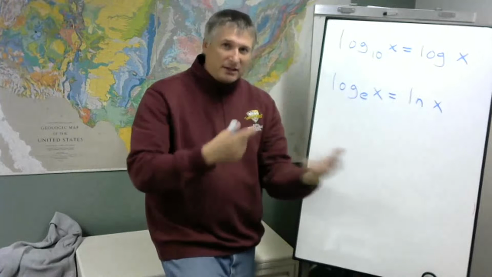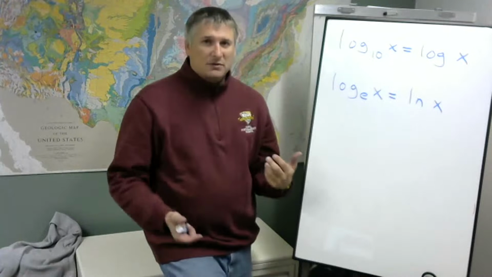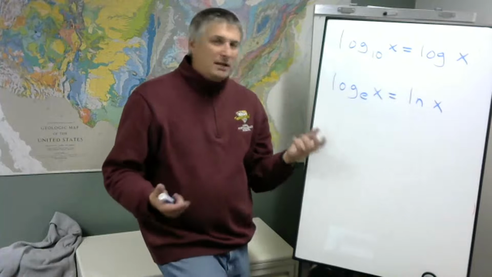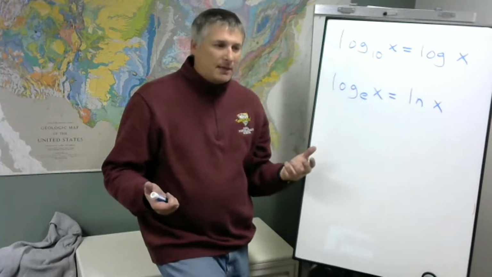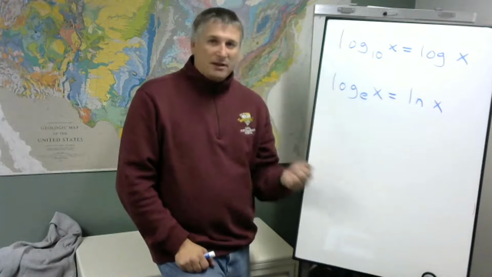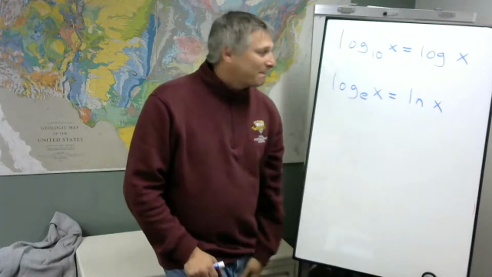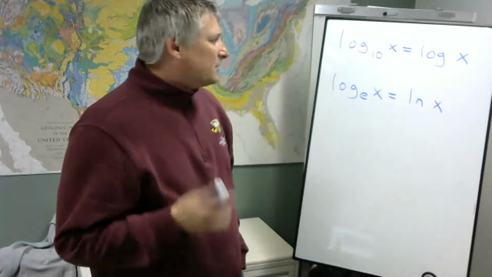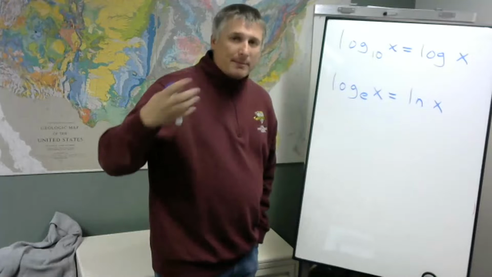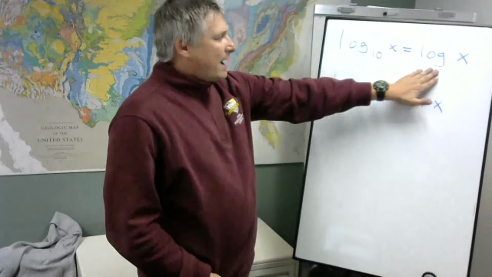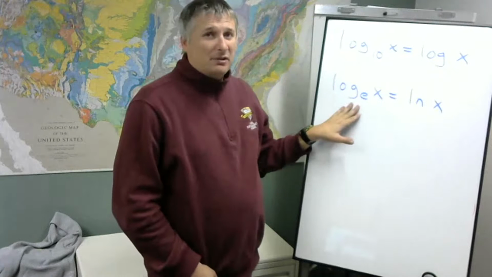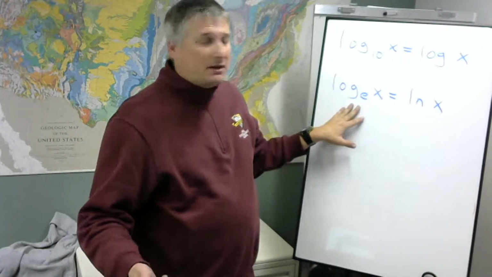Again, e to the x and ln x are inverses of each other. ln is log base e, and e to the x is e to the x. It's a log function and an exponential function that have the same base of e. Now what's confusing is that some programming languages will have log x, but it's acting as if it has a log base e.